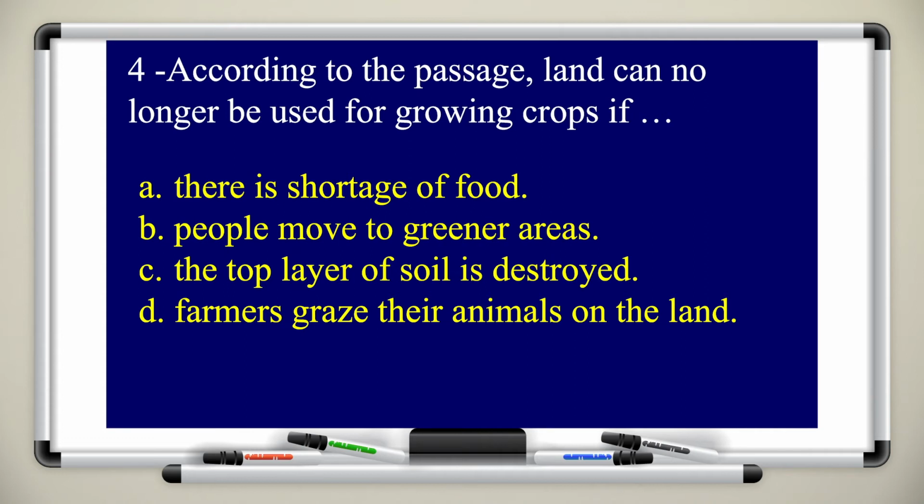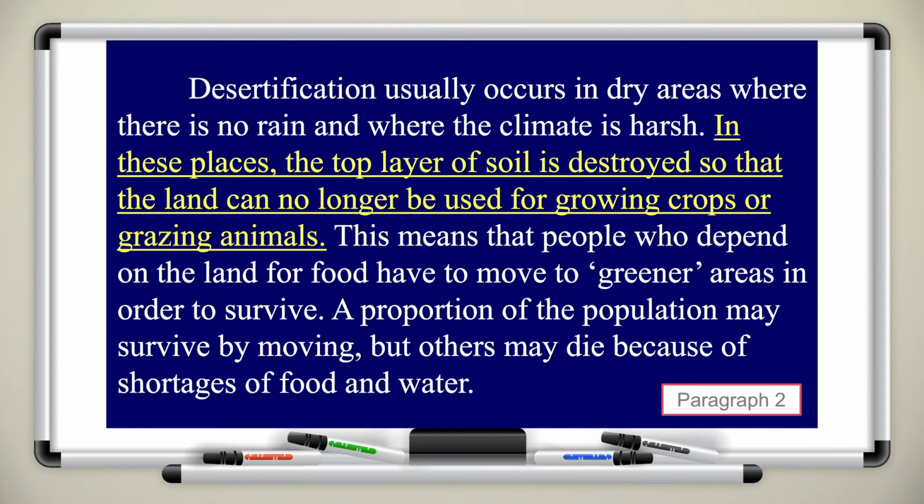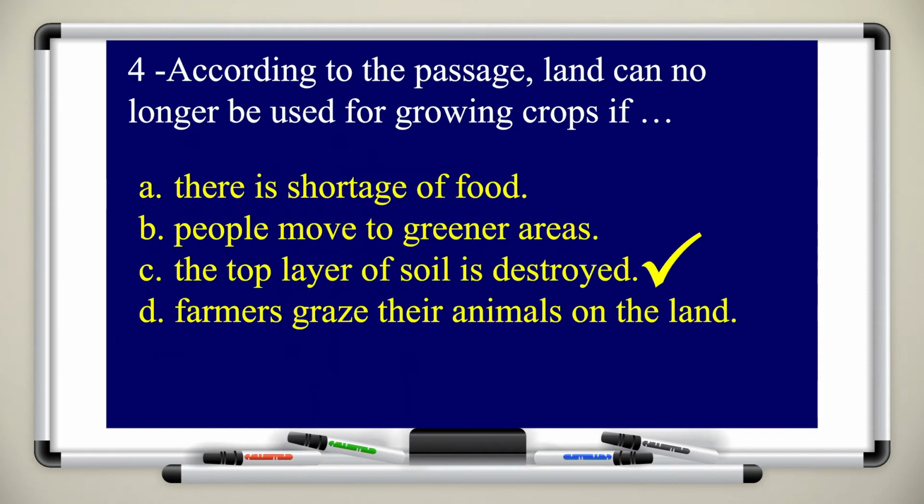Land can no longer be used for growing crops if. Let's go to the second paragraph. Here you can find the answer. It says here, in these places, the top layer of soil is destroyed so that the land can no longer be used for growing crops or grazing animals. So when is it? The top layer of soil is destroyed. This is when you can't use the land anymore.